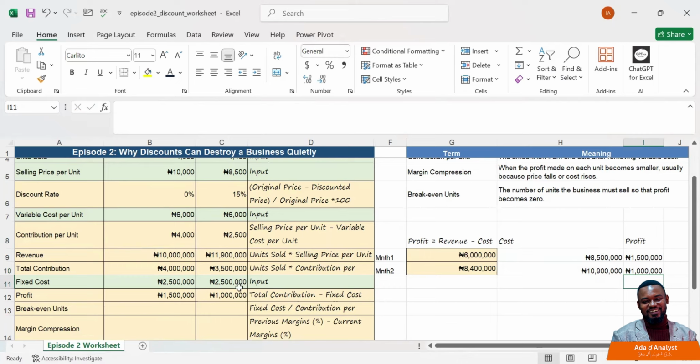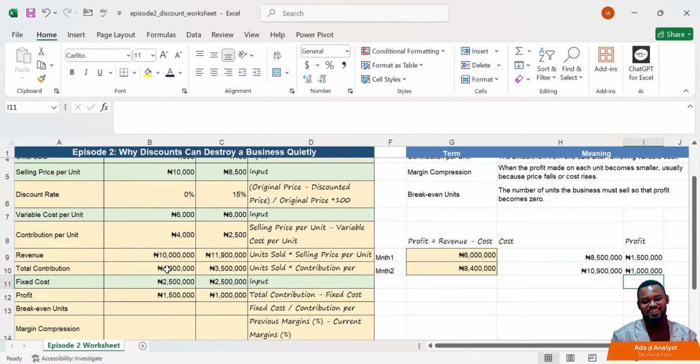So this was to show you that we had broken down the formula earlier step by step when we calculated contribution per unit as subtracting variable cost per unit from our selling price. And we then multiplied our contribution per unit by the units sold per month to get our total contribution.